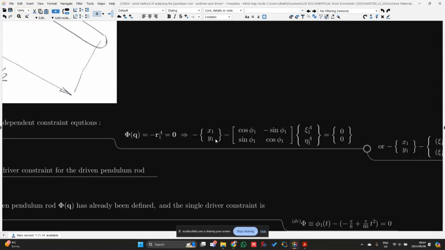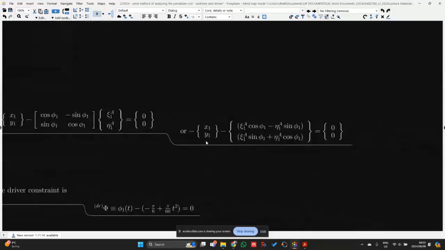We can see that some of the criteria we need are the actual coordinates of the body, and then also the local coordinates of that point on the body, so this psi 1A and eta 1A, and then we also need phi 1. This is going to be important when we apply this in the DAP-BC workbench later on. These are the things that we're going to specify for each body in order for it to calculate the location of the points. Okay, we can simply rewrite this in this form as well.